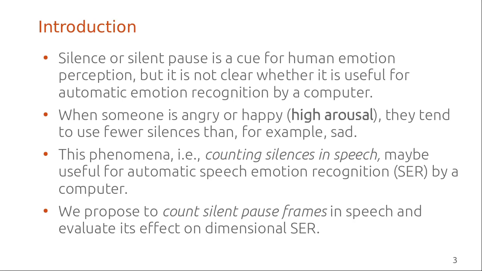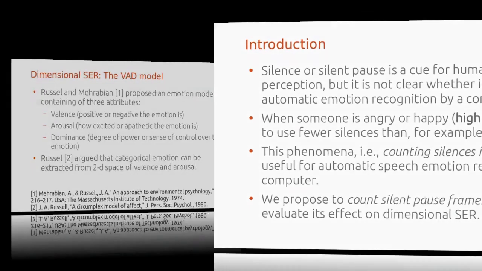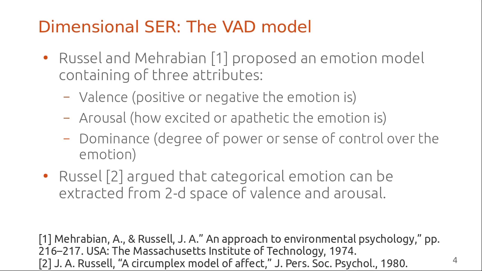So what's dimensional speech emotion recognition? Although categorical emotion is more common in everyday life, dimensional speech emotion is argued scientifically to be more common across different people than the categorical emotion. Russell and Mehrabian proposed three-dimensional emotion including valence, arousal, and dominance, the VAD model.